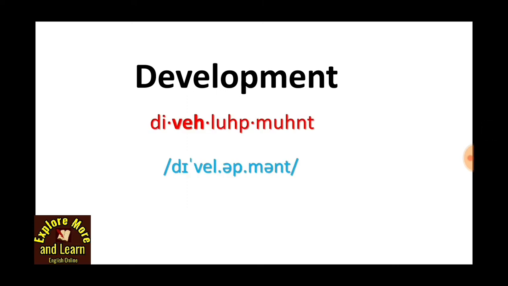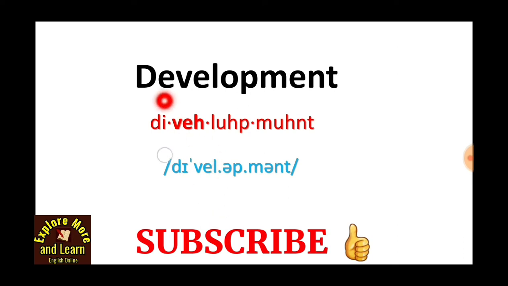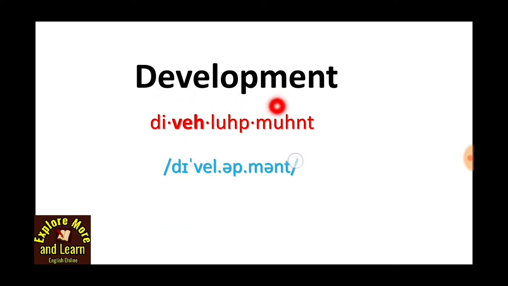The next word is this. How do you pronounce it? Development. It's again incorrect pronunciation. The correct pronunciation of this word is development. So you see, it is not development.